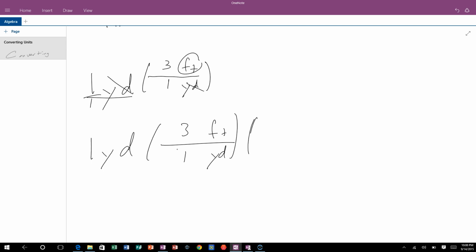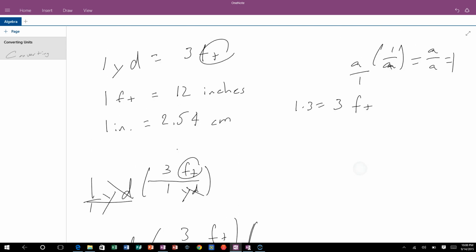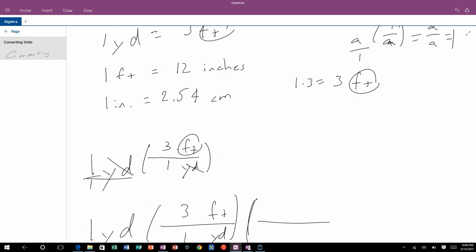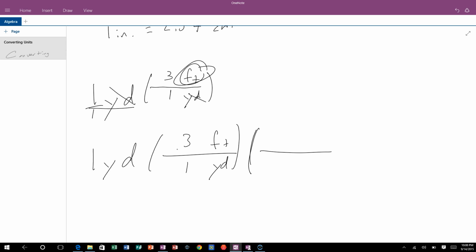But now I want to cancel out feet. Well, feet, I know that I've got feet to inches. So I've still got, this is my unit right now because that's what didn't cancel. So then I need to put feet on the bottom in the denominator, so that cancels. Well, 12 inches.